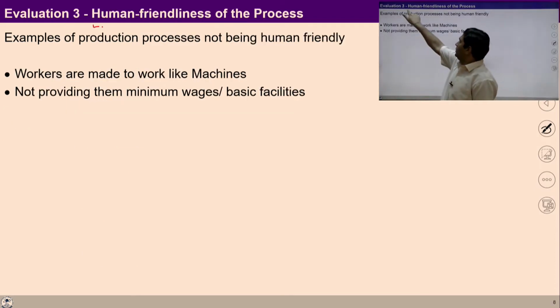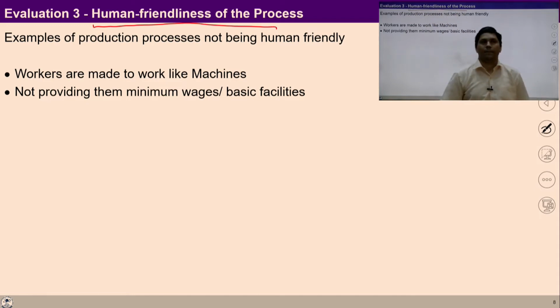And the next parameter could be human friendliness of the process. When we are making production systems, we should treat the human beings involved in those processes as human beings. Workers are not supposed to work like machines. In today's system, to maximize the benefit, to maximize the profit, workers are being used as machines.